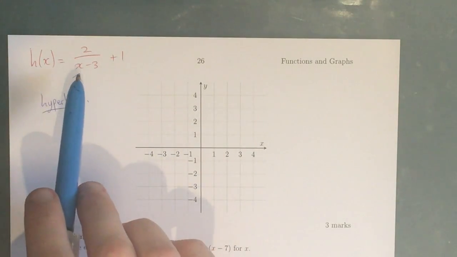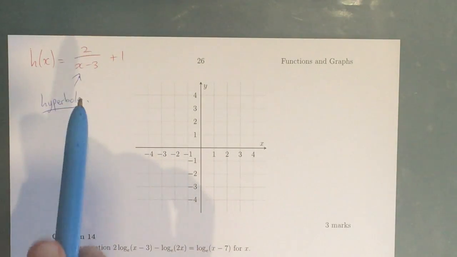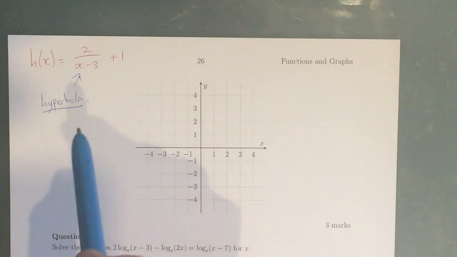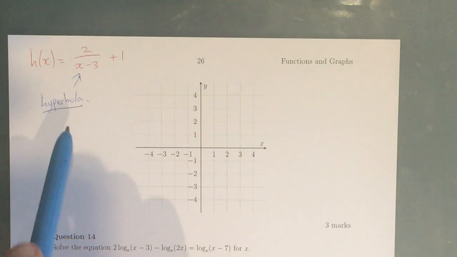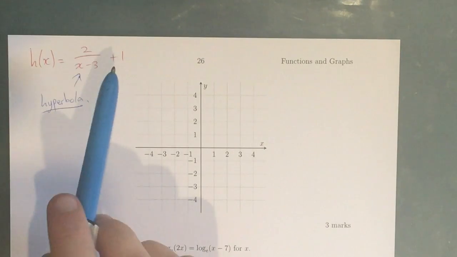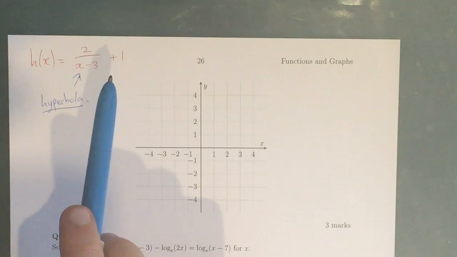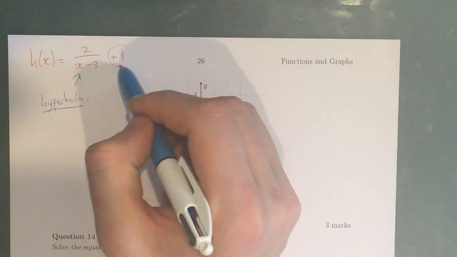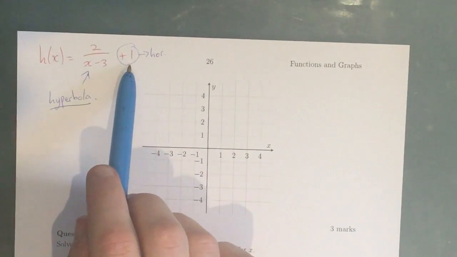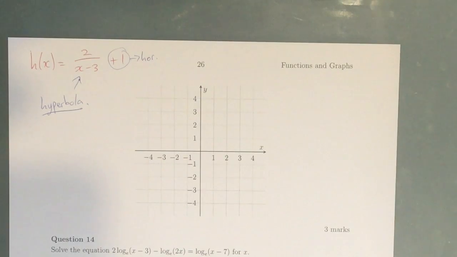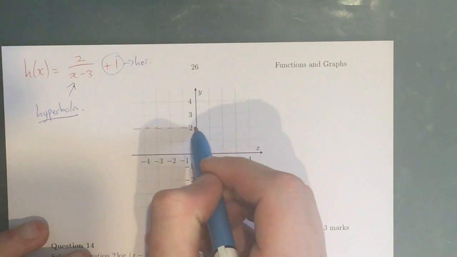Now, a hyperbola graph has two asymptotes, a vertical and a horizontal, and it's very easy to tell what they are going to be. First is our horizontal asymptote. Where y equals positive 1, there is a horizontal asymptote. So our first thing is to draw that asymptote.